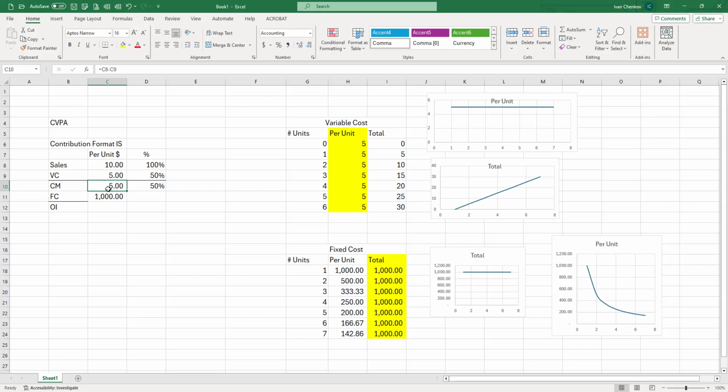Now the question is, how many units do I need to sell to cover my fixed cost? Because I'm already covering the variable cost for each unit sold. Now the question is how many units I need to sell to be able to cover the variable cost of those units that I'm selling, and have them contribute enough to cover my fixed cost.